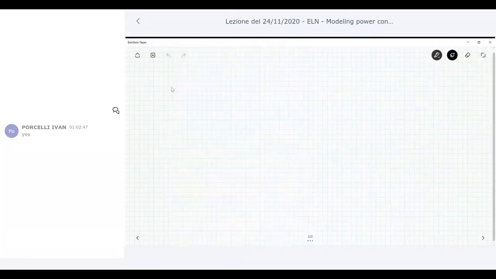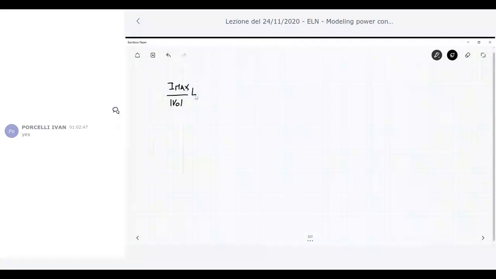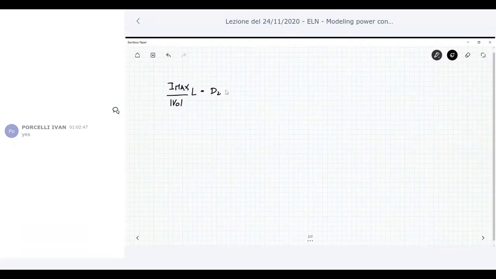I have Imax divided by the slope, which is Vo divided by L, and this is D2 multiplied by Ts. So from this, we can find D2, which is Imax over Vo, L, and then you have Fs.